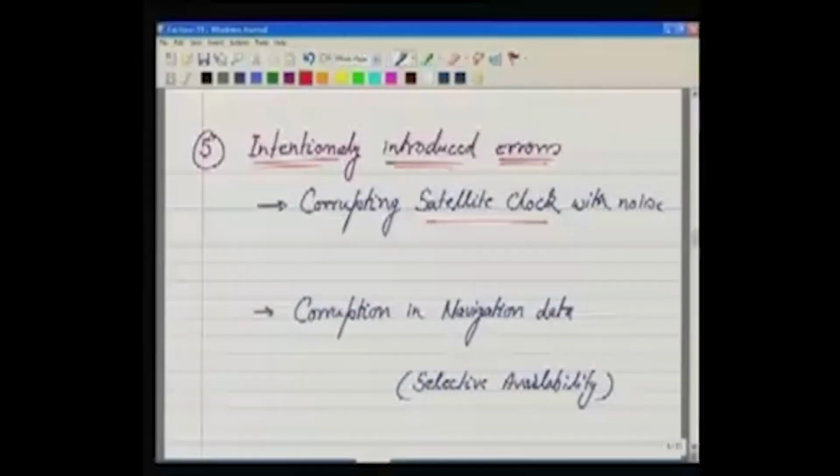So this possibility is there. Sometimes, if they wish, they can corrupt these signals. Now with the corrupted signal, if we are locating our position, it will be wrong. So this is corruption of the satellite clock with noise, as well as corruption in the navigation data, which basically can be provided by DoD.